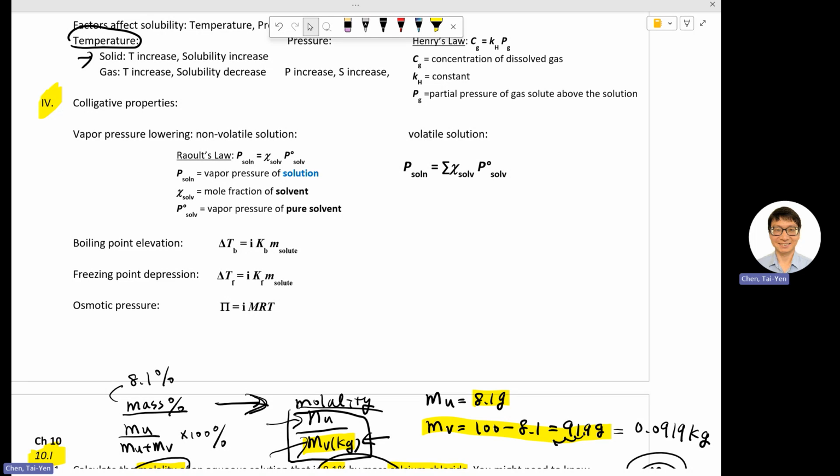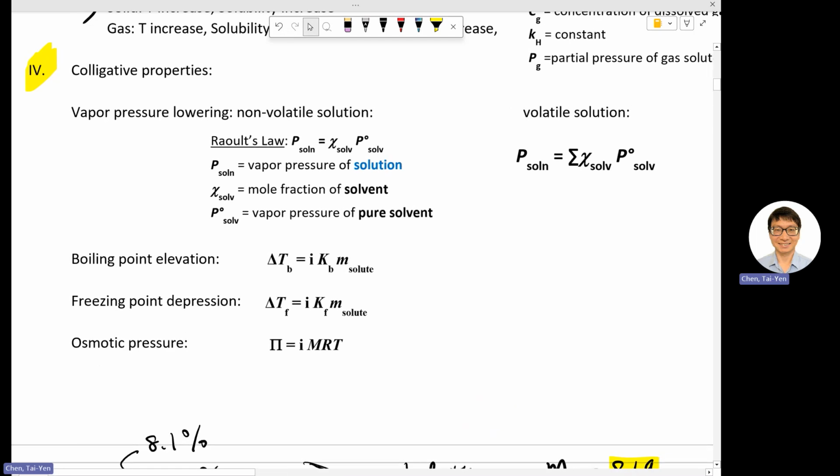together with me. So the very last important concept of this chapter is called the colligative property. Here, I know it looks complicated, but the really important thing is that this property is only relevant to the number of particles you throw into your solution. The more particles you put in the solution, the corresponding property is going to change.